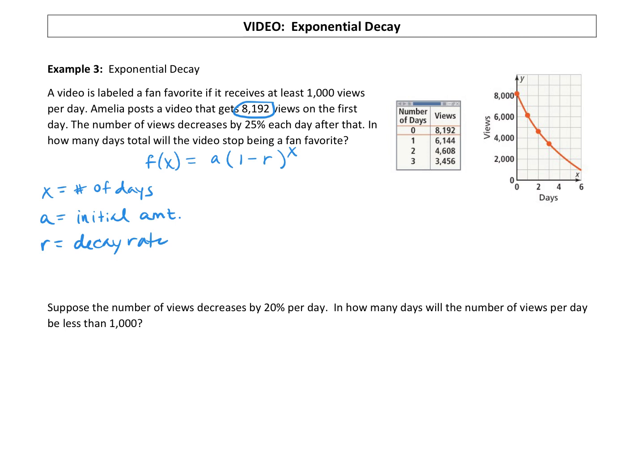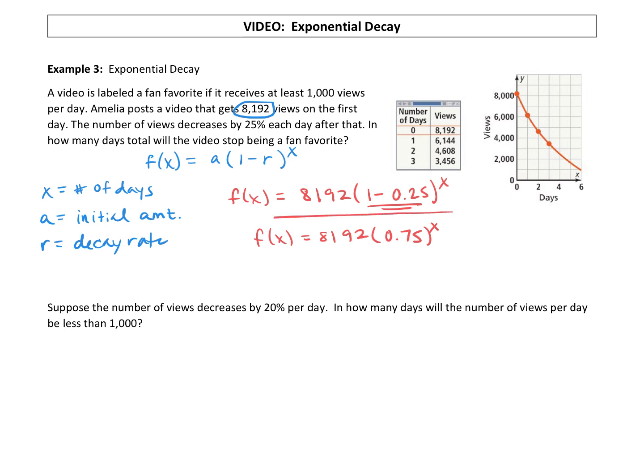So if we just fill this in, we have f of x equals, our a is 8,192 times 1 minus 25% as a decimal is 0.25, raised to the x power. So we'll just clean up that 1 minus 0.25 real quick. We have 8,192 times 0.75 raised to the x power. So here is a model of our exponential decay.